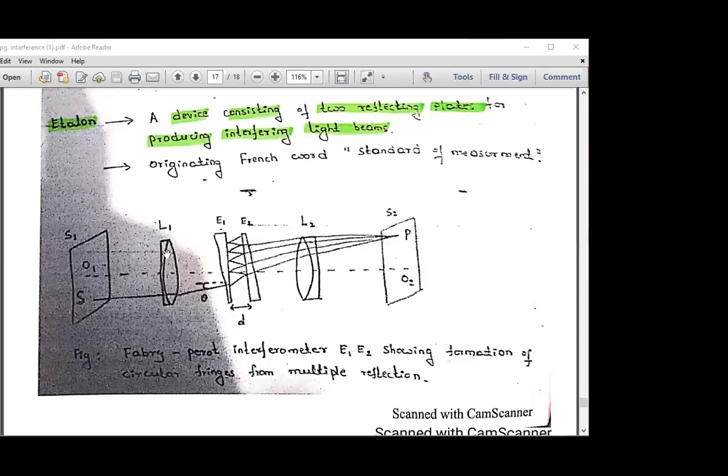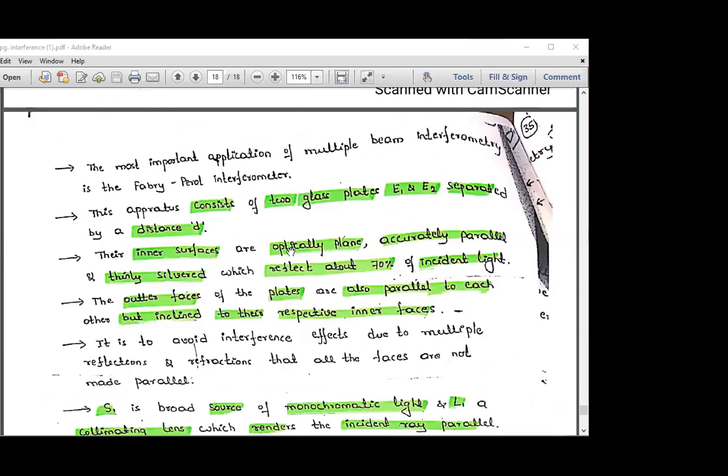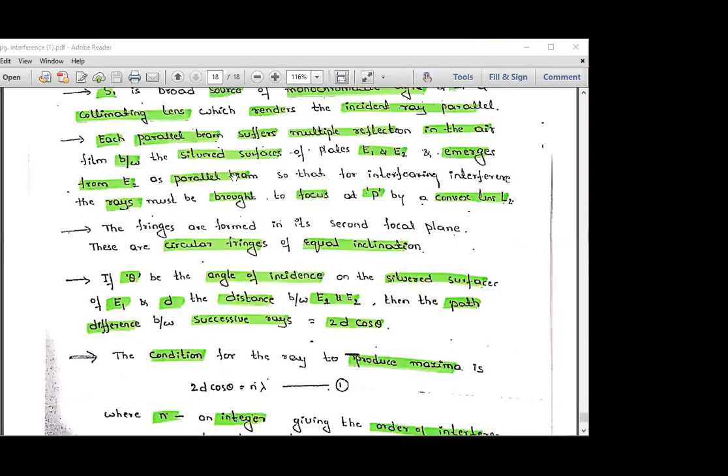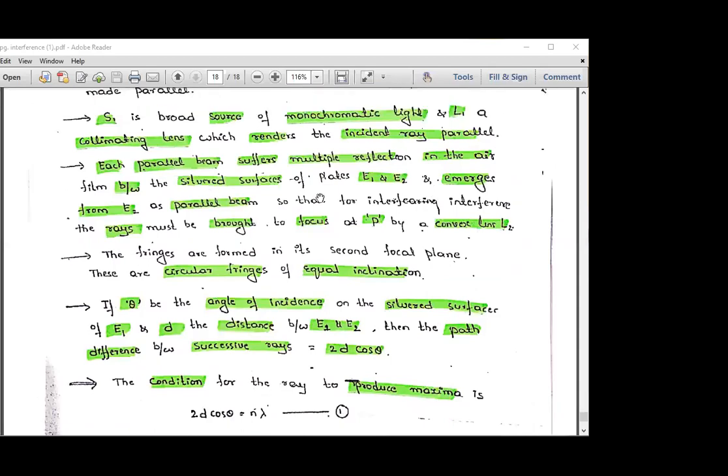When light falls on L1, the rays are rendered parallel onto the E1 and E2 system, onto the glass plates. The rays propagate as a parallel beam onto E1 and E2, and the light undergoes multiple reflections between E1 and E2, and finally emerges out of E2 again as a parallel beam.